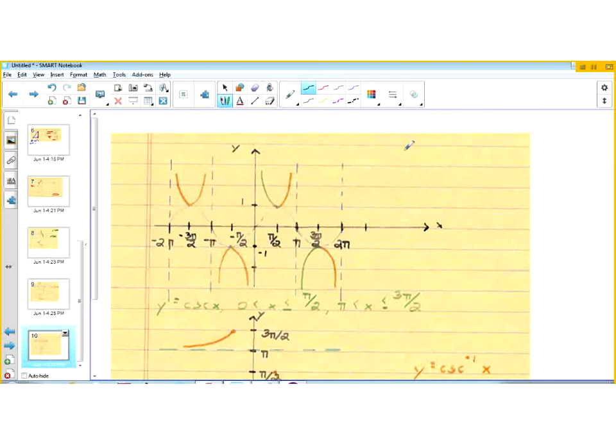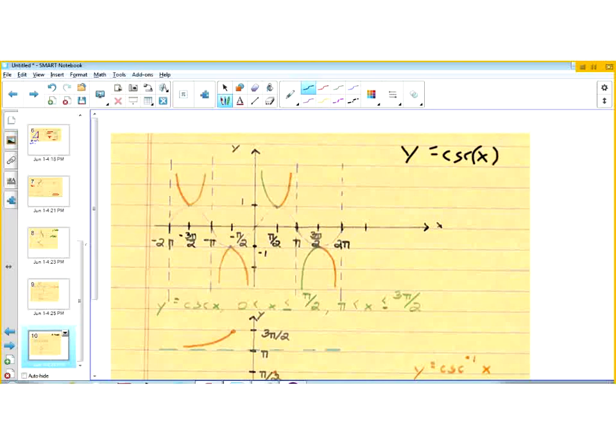So let me pull up its graph. We have to identify the principal part. Shown here is the graph of the cosecant function, so this is y is equal to cosecant x.